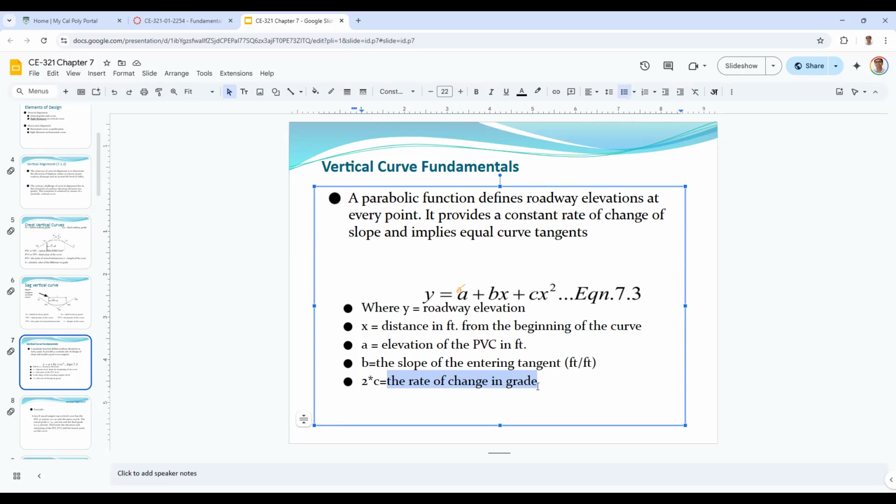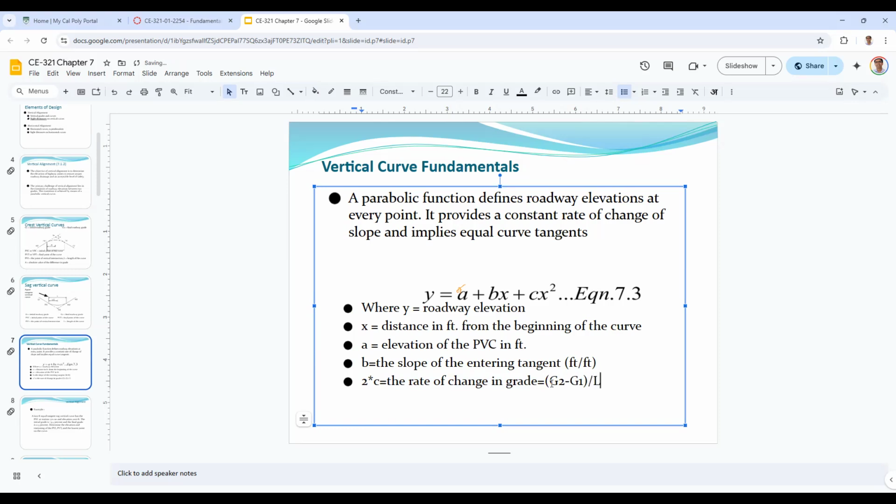But you can also derive the rate of change in grade using one more little approach, by looking at what's happening on an aggregate level. What's happening on that aggregate level is that you're going to G2 from G1, right? So final grade minus initial grade. And then you divide that by the horizontal distance that your curve covers.